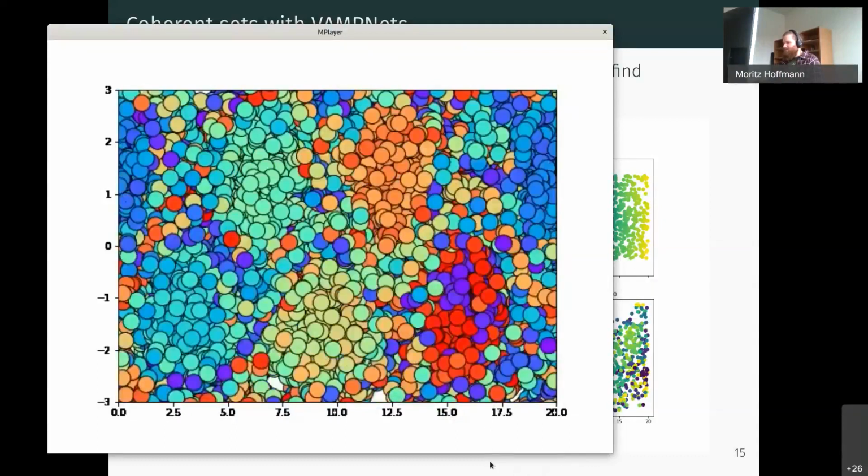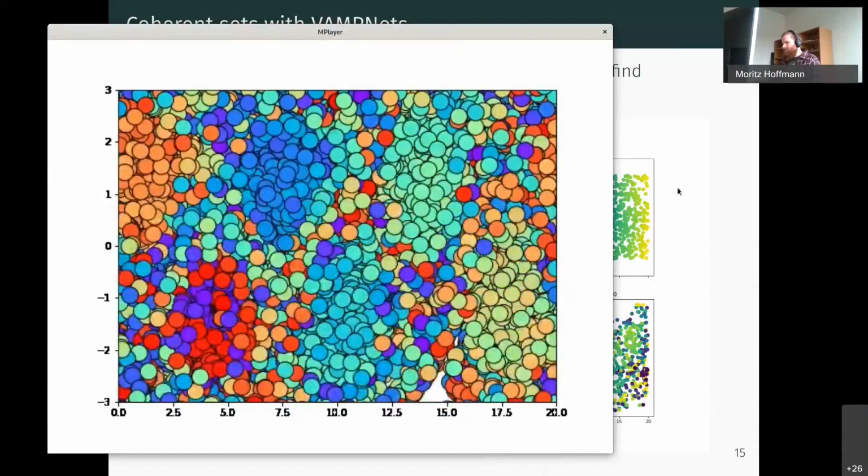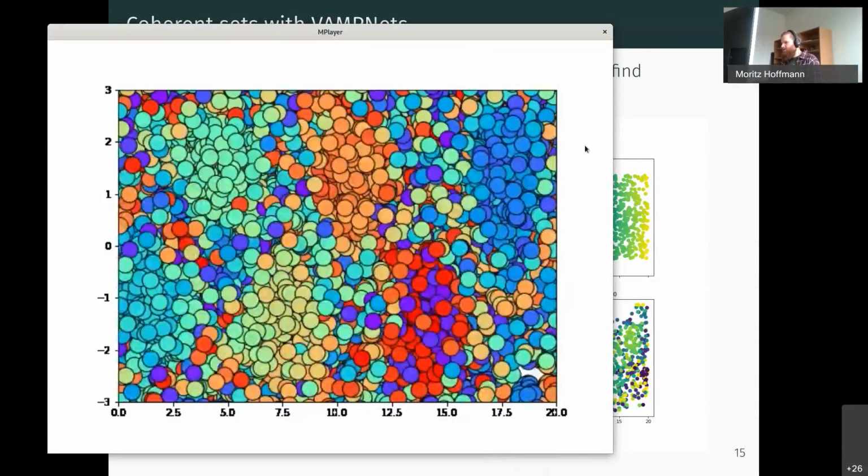You can't see much structure in here, but you can try to find slow processes based on the particle data. You pick one particle and evolve it with the ordinary differential equation. This is one x0 and x tau, just one particle, and you do that with many, many copies. Then you can ask yourself, what are the slow modes in here?